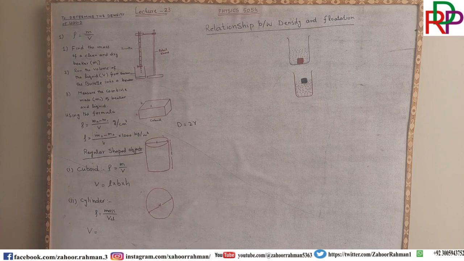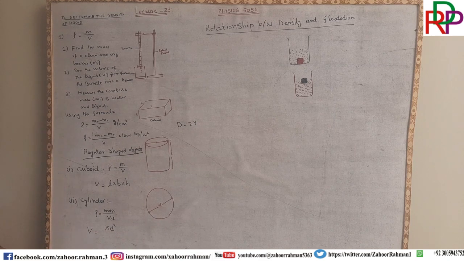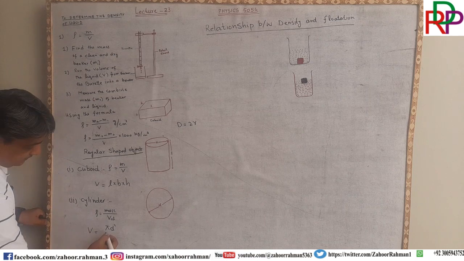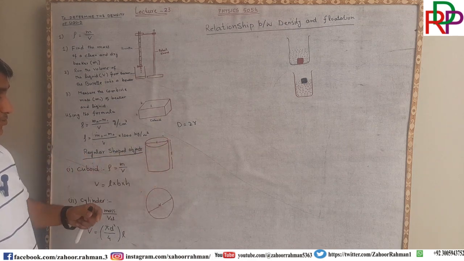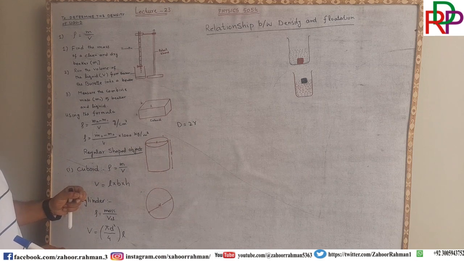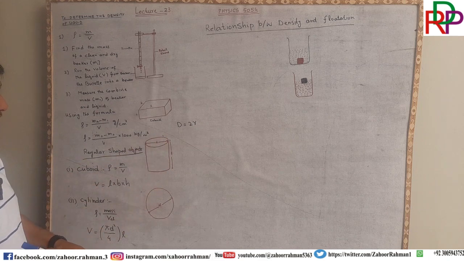So V in this case is given as pi d square divided by 4 into L, where L is the length. You have to use a meter rule to measure the length. You can also use vernier calipers for precise measurement.